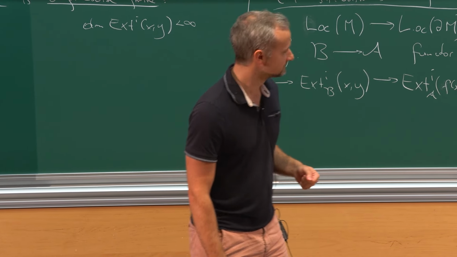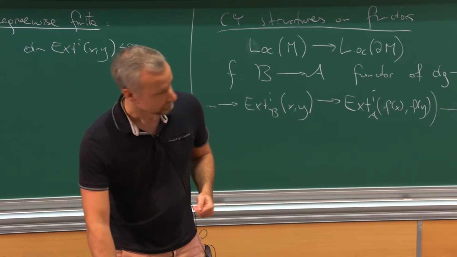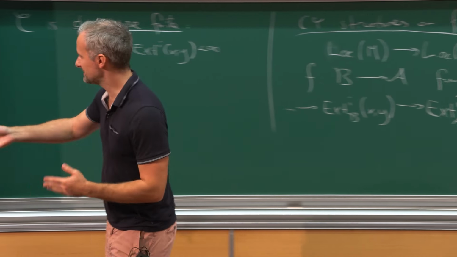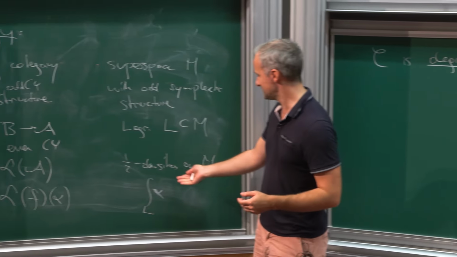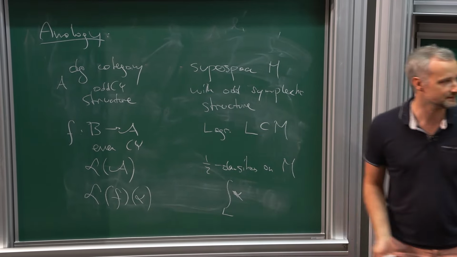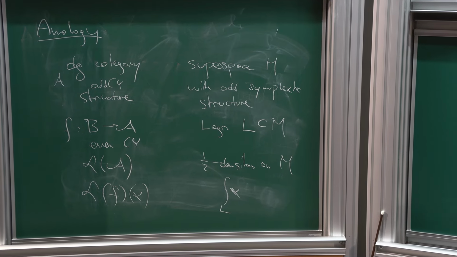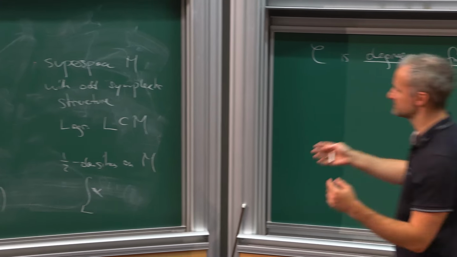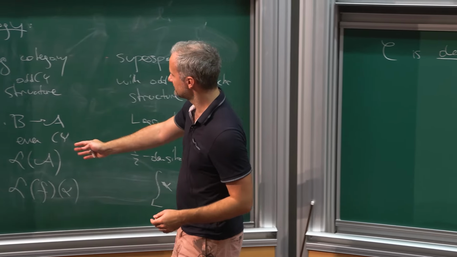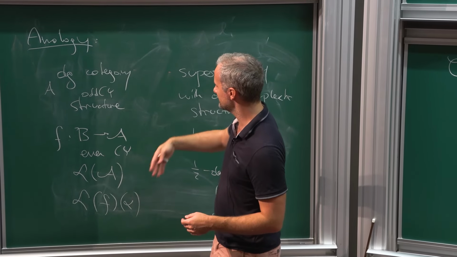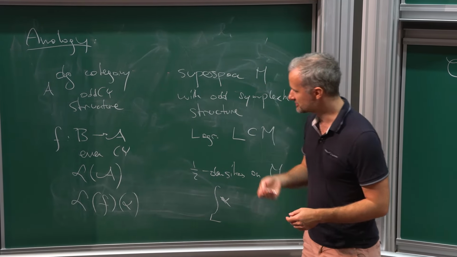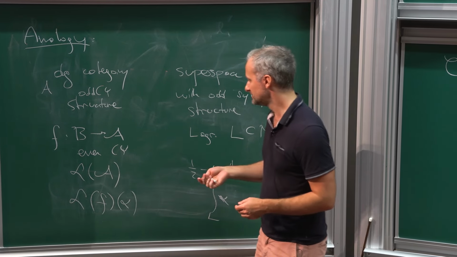Okay, so somehow the reason why you can invariantly integrate half densities on this kind of thing is the same reason that this formula is a sensible thing to do in this world. And there's a connection. When you have a Calabi-Yau category, the space of objects is a shifted symplectic manifold or space.